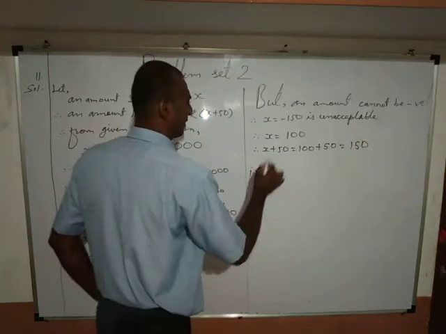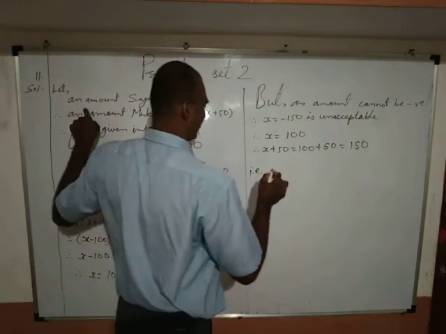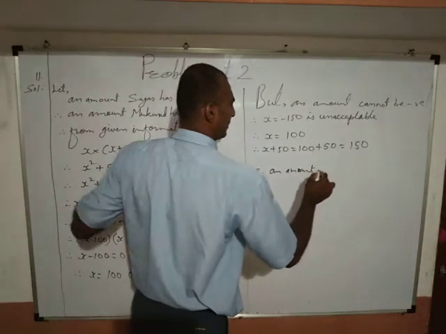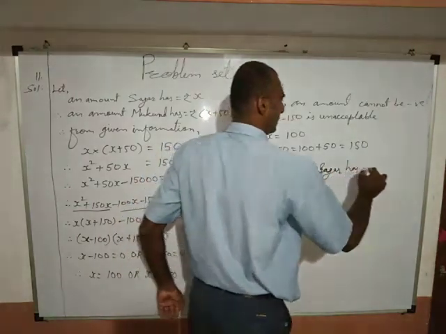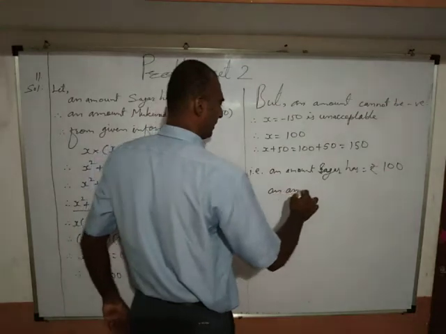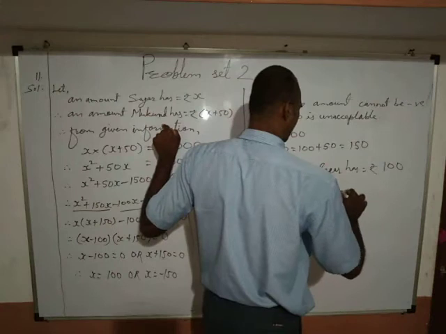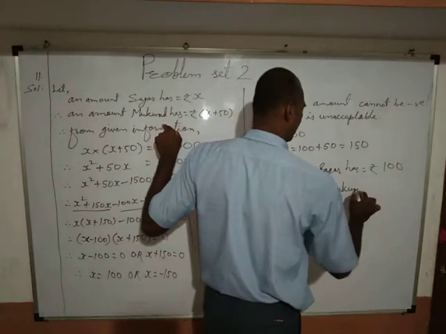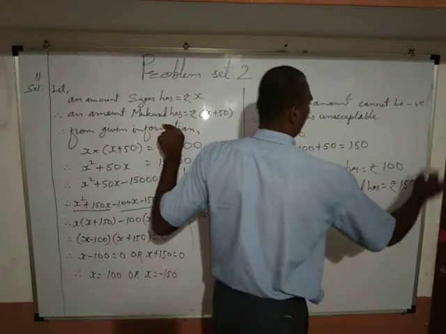That is, the amount Sagar has equals rupees 100, and the amount Mukund has equals rupees 150.